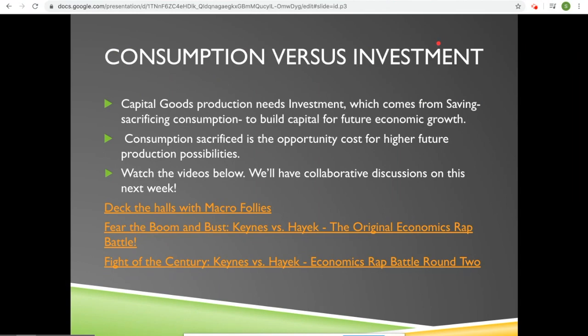But when we talk about investment, we know that investment is fueled by savings. If there are no savings, then there cannot be investment, right? So, in order to save, you will have to decrease some amount of spending. Okay, so consumption sacrifice is the opportunity cost for higher future production possibilities.